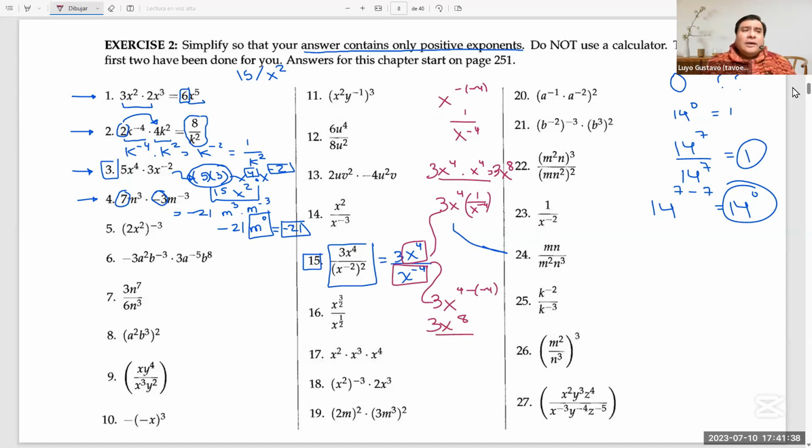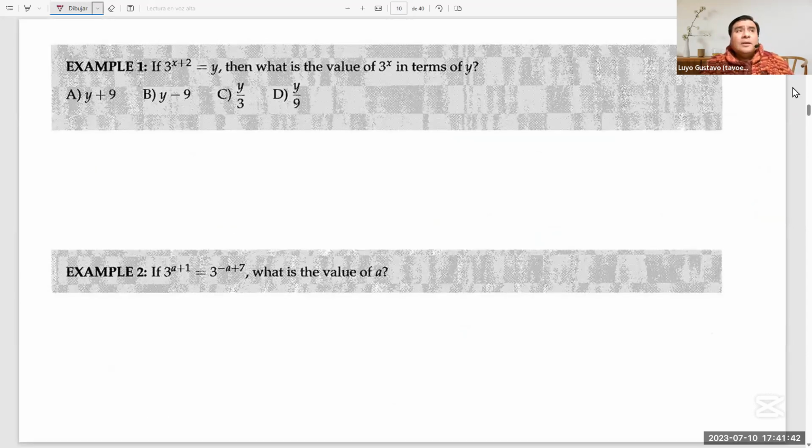Let's now see something related to examples 1 and 2. How can we actually solve this one without doing so many steps? Notice that we are asked to find the value of 3 up to x in terms of y.